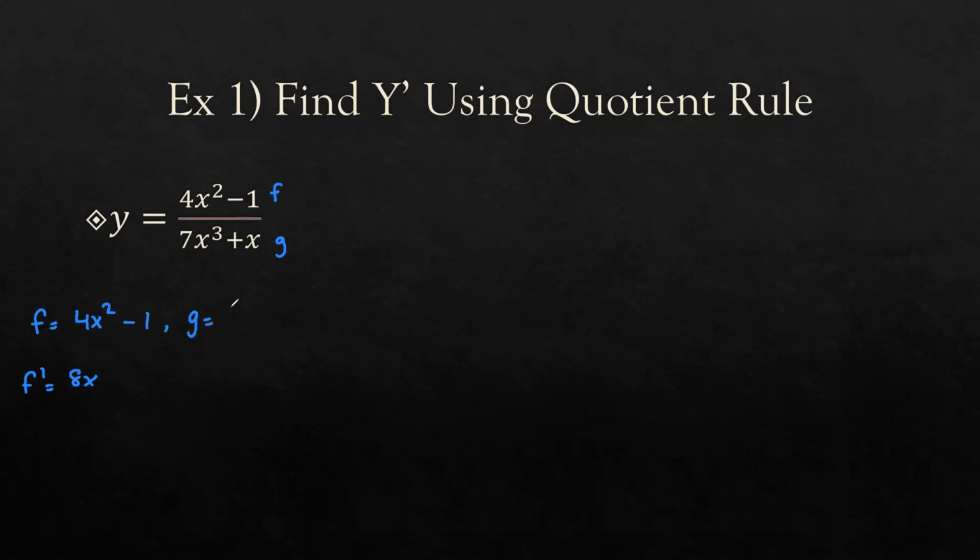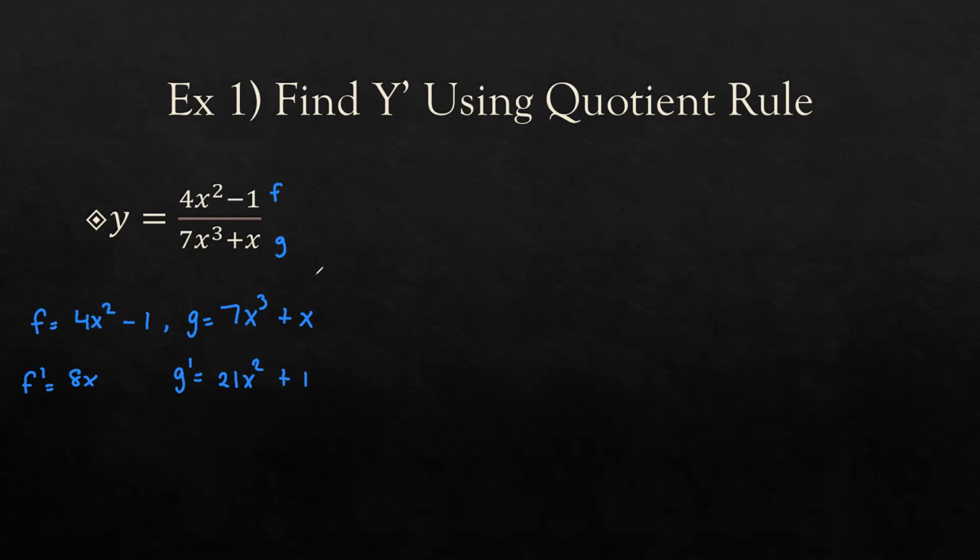And g is 7x cubed plus x. G prime is 21x squared plus 1, because I just used the power rule.